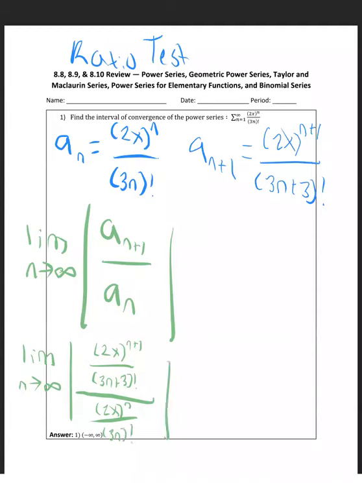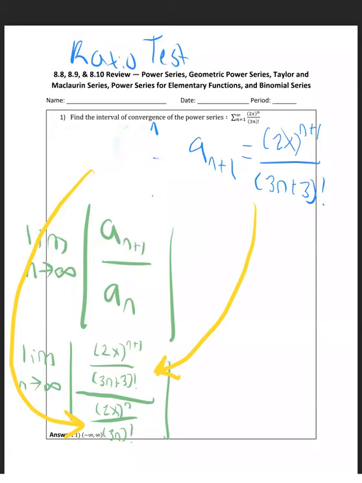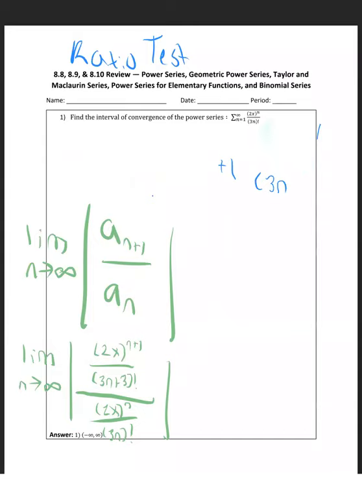I got this from right over here, and I got this from right over there. That's basically where I plugged in each value.